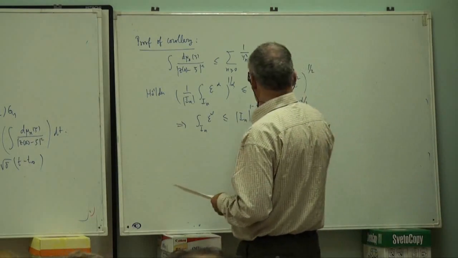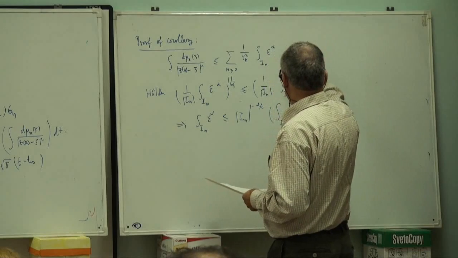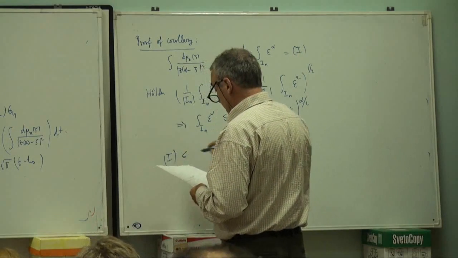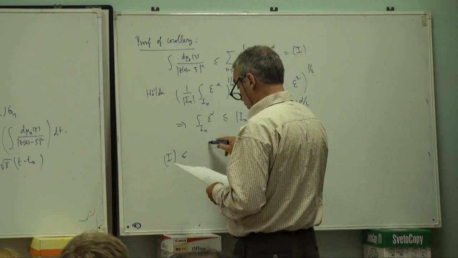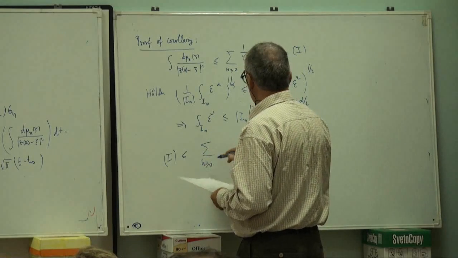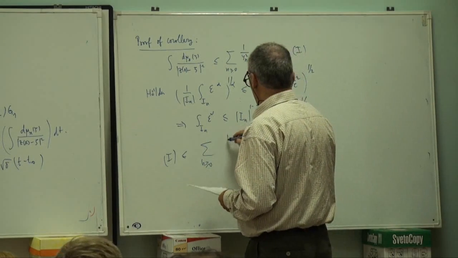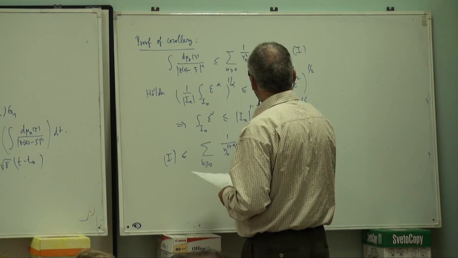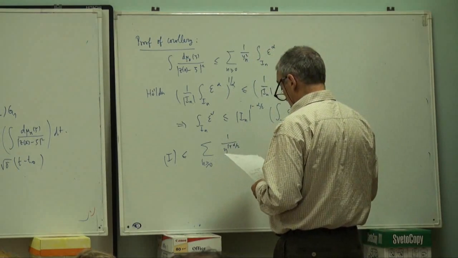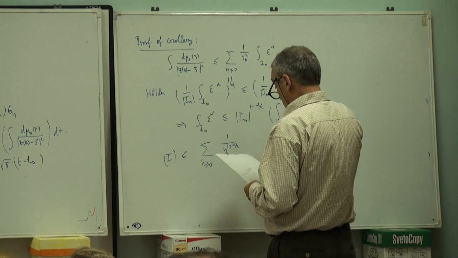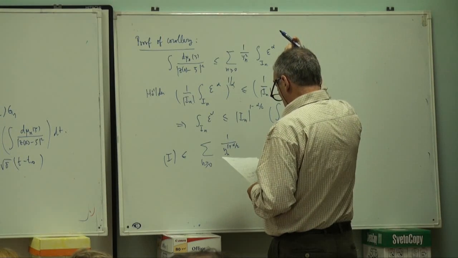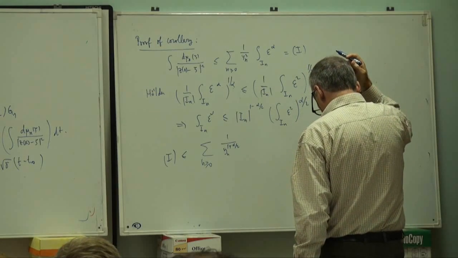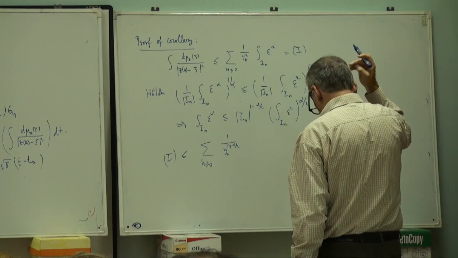So the sum will be less than the sum for n greater than 0 of 1 over yn to the power 1 plus alpha over 2. Sorry, what did I write here?